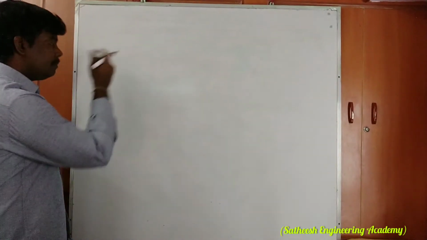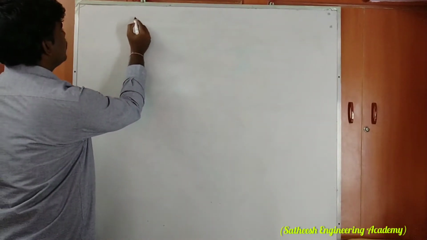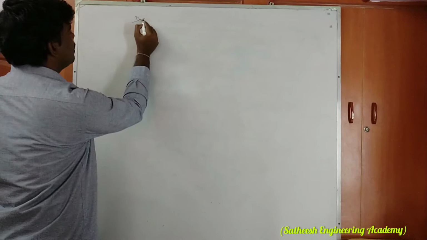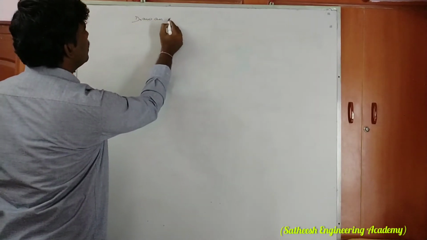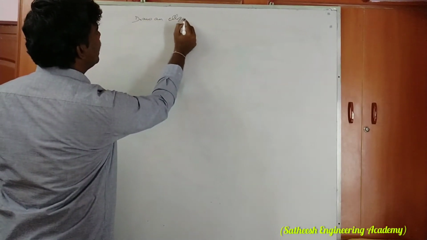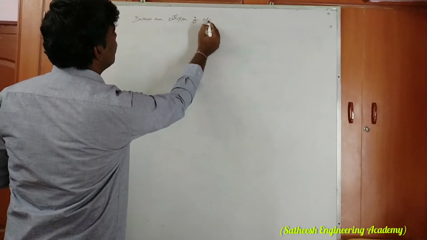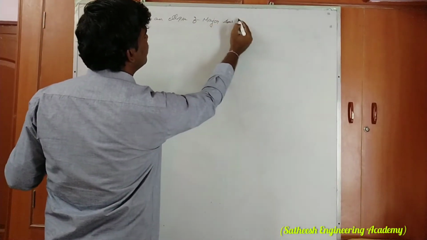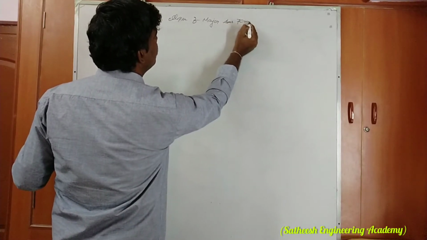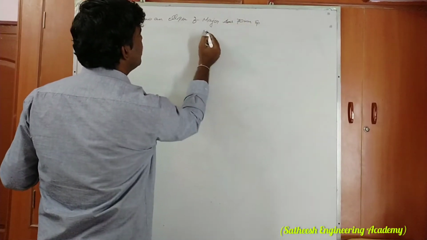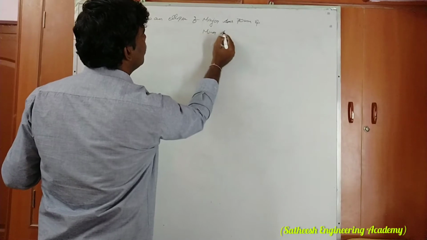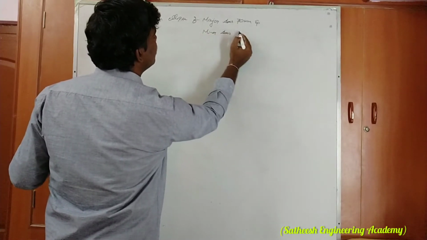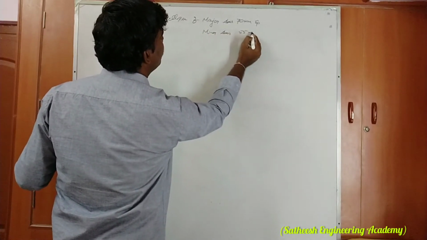Consider this problem: draw an ellipse of major axis 70 mm and minor axis 55 mm.